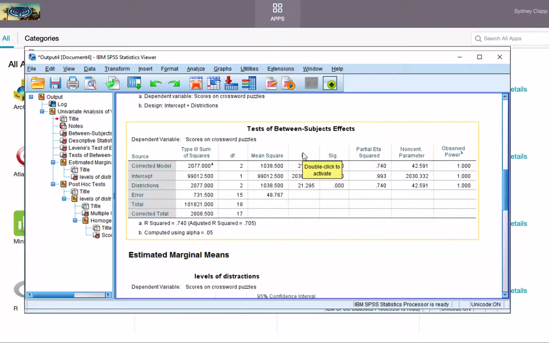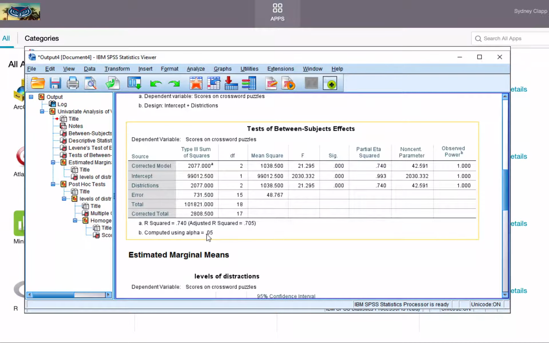And the lab's corresponding paperwork points out that our p-value, our significance value, is the most significant information here, ironically. This is confirming that we're using an alpha of 0.05.